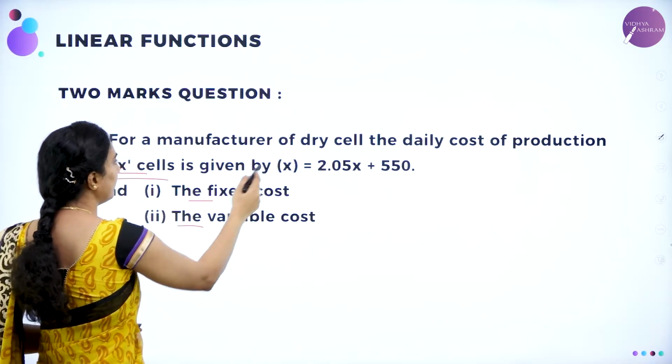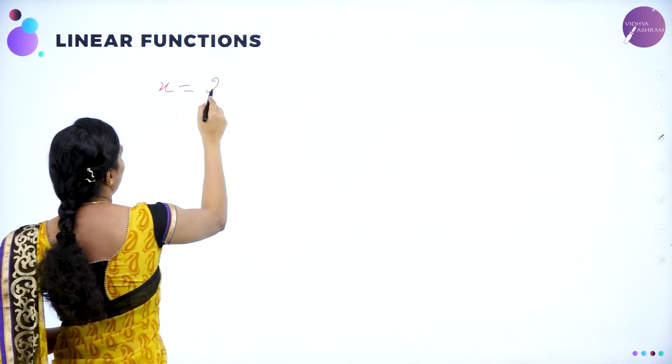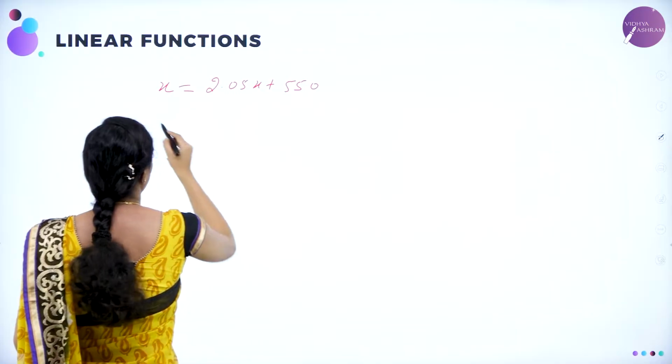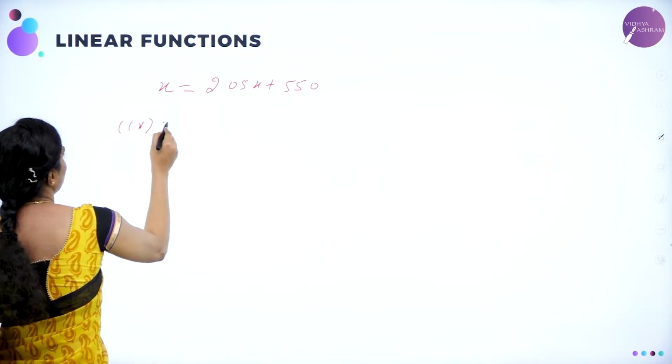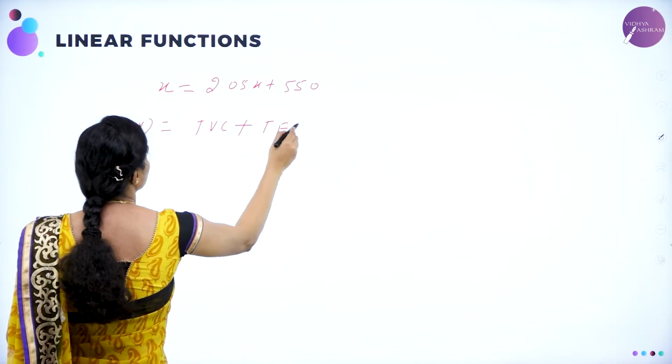So here they have given C of X is equal to 2.05X plus 550. It is like C of X is equal to total variable cost plus total fixed cost.